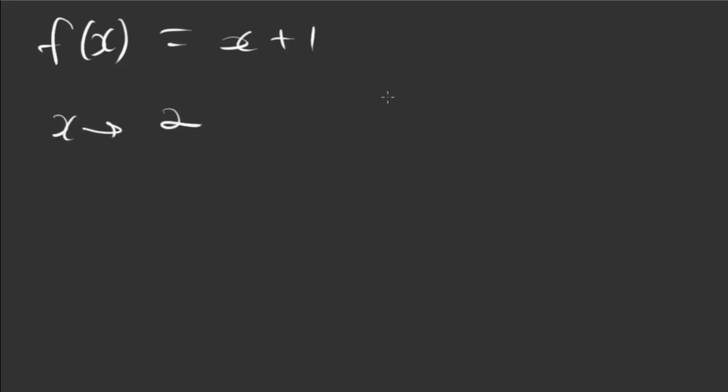For example, you have the function f of x is equal to x plus 1, and you want to know the limit as x goes to 2. Let's show this using a table.